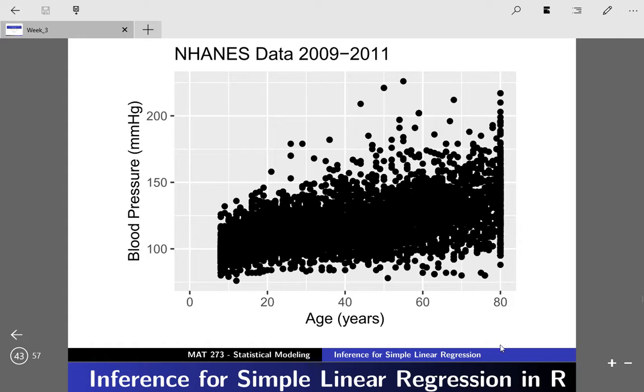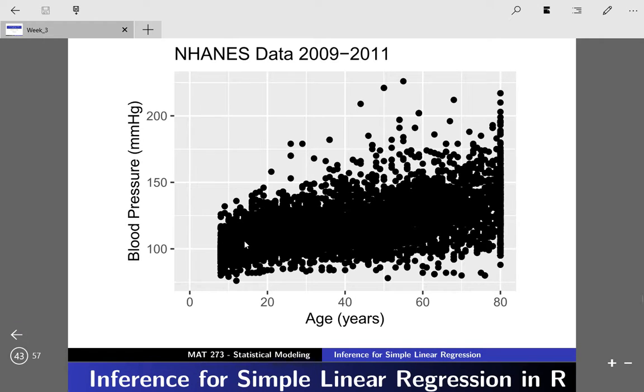So it appears that in order to be enrolled in this study, people had to be 80 years or younger, and also they couldn't be too young. So there's sort of an age cutoff in our data set. This is important to keep in mind as we do inference regarding different variables, making these conclusions. It's important to know the type of people that you have stuff measured on in your data set.